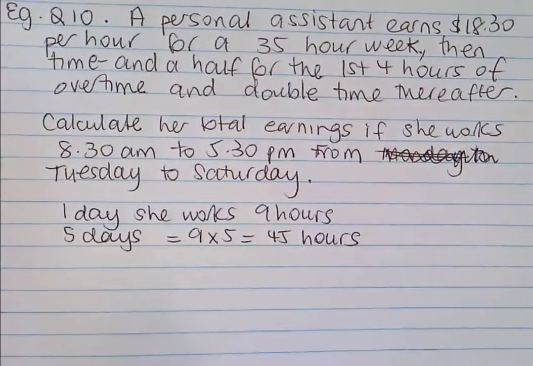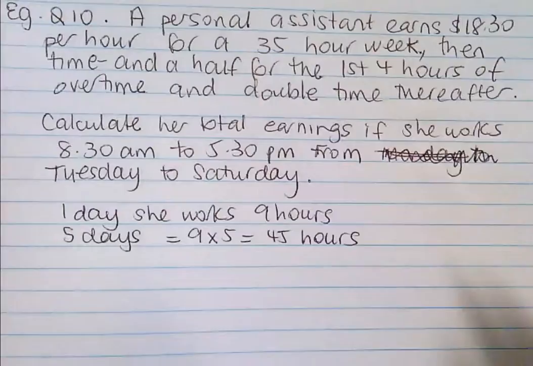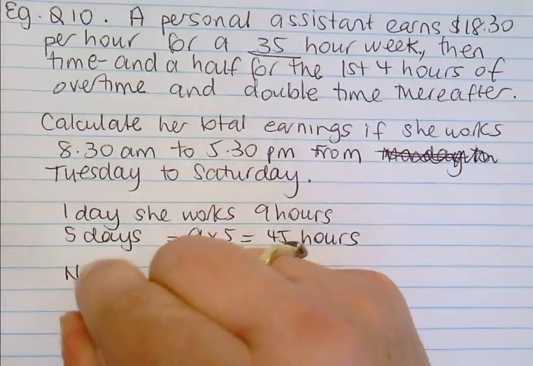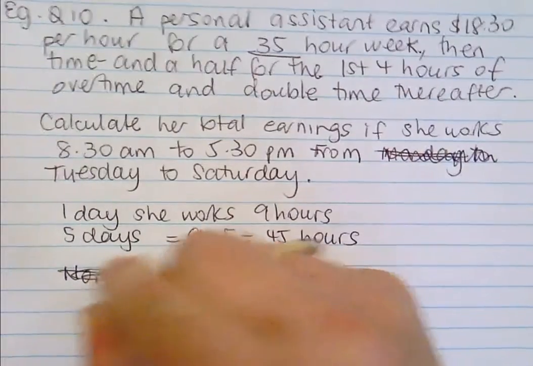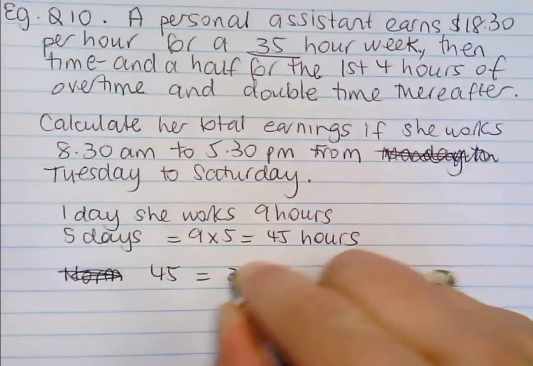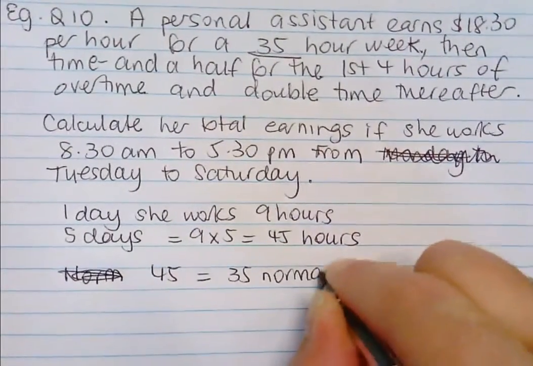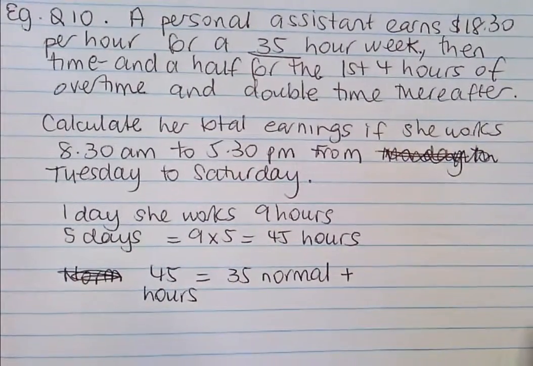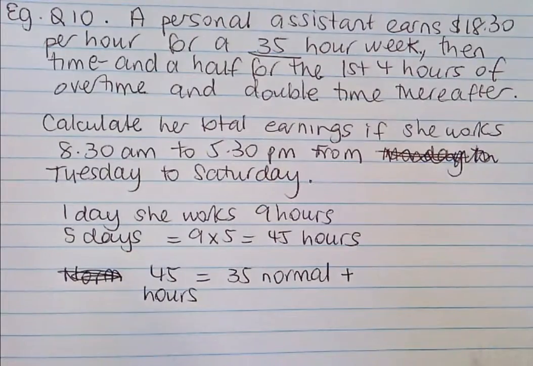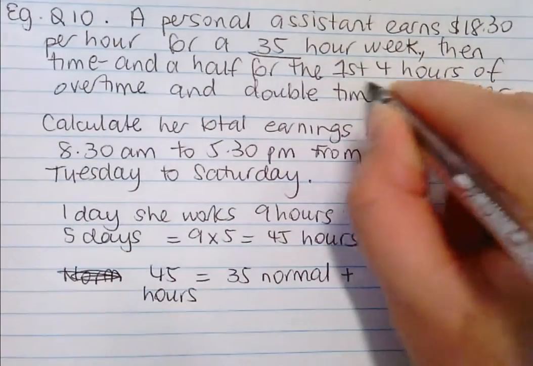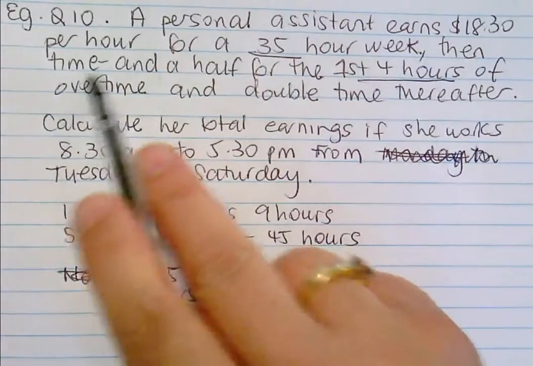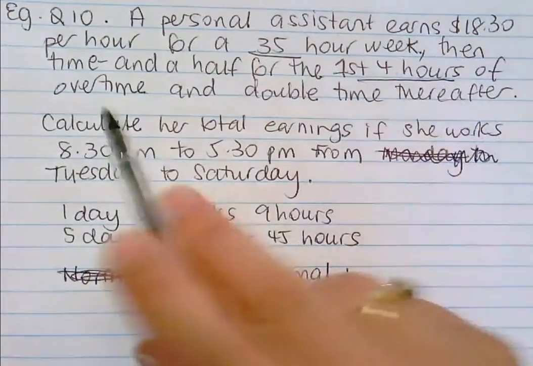So let's break that 45 hours up. How many hours are normal? So I'm just going to go 45 equals 35 normal plus how many at time and a half? The first 4 hours. So time and a half for the first 4 hours of overtime.